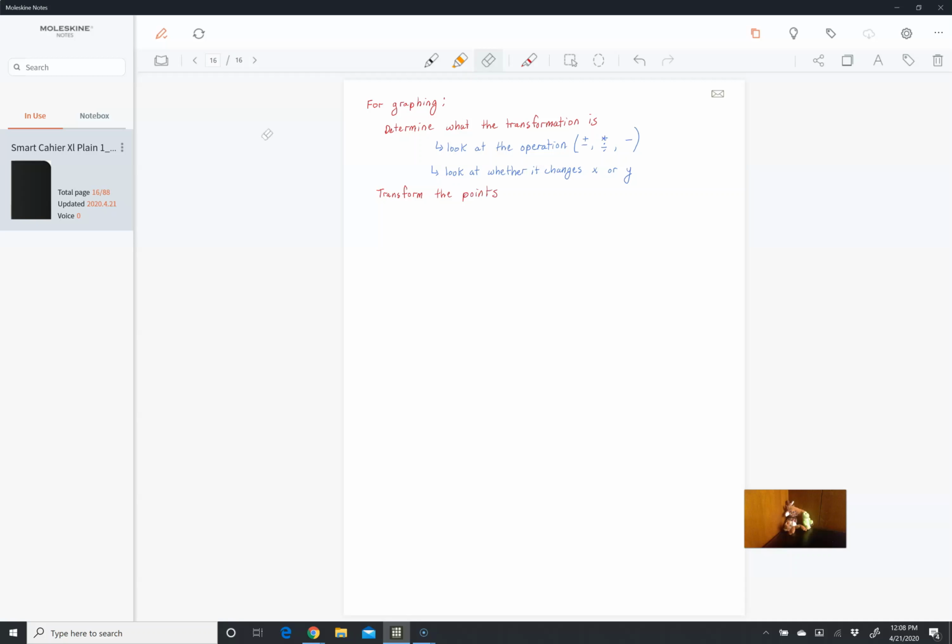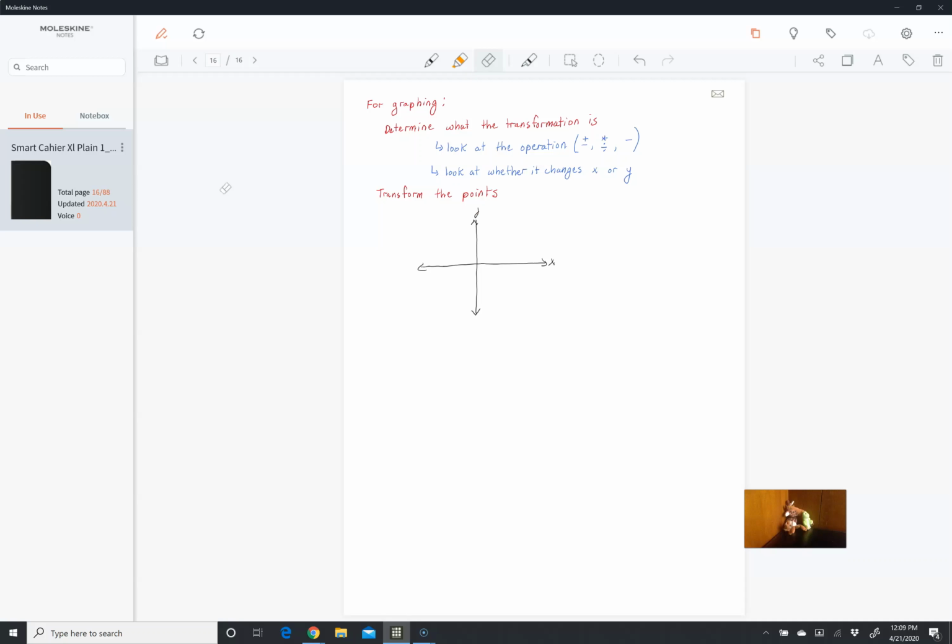Okay, so for example, we're not going to do a lot of these because these are much simpler. You're only going to get one transformation. So for example, you would be given an actual axis. I'm just doing a sketch.